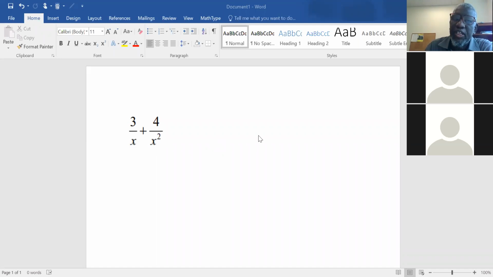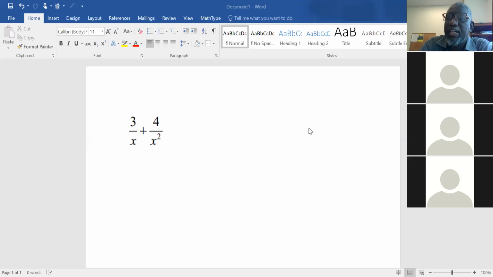The LCD would be the expression with the highest exponent or the lowest exponent? The highest. The LCD would be the one with the highest exponent, which is here x what? X squared. That is the LCD.